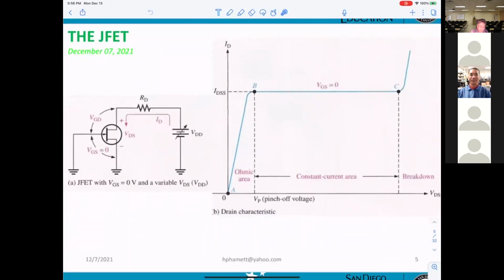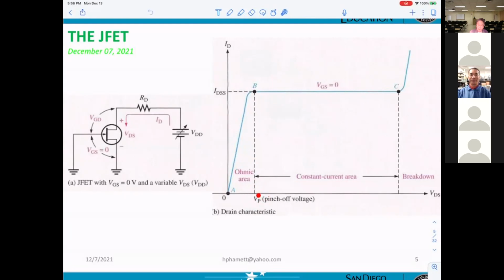Now if you look at the display here, this stands for the current ID, and this stands for VDS, the voltage from the drain to the source. This is the curve for the current. The current ID keeps changing up to a certain point called VP.